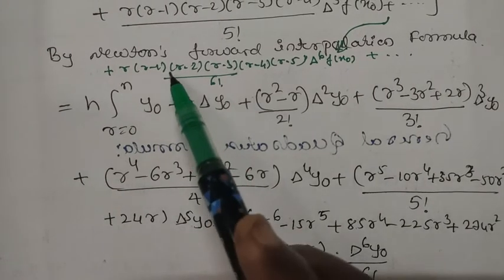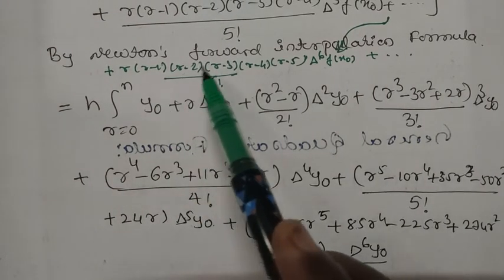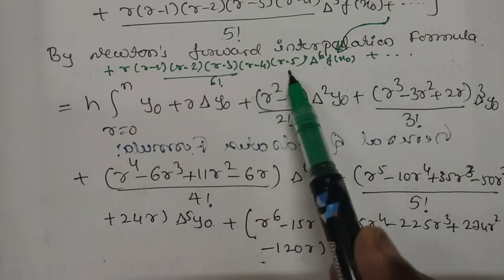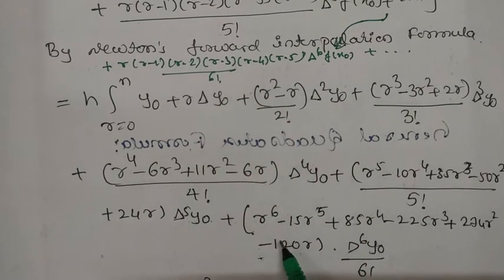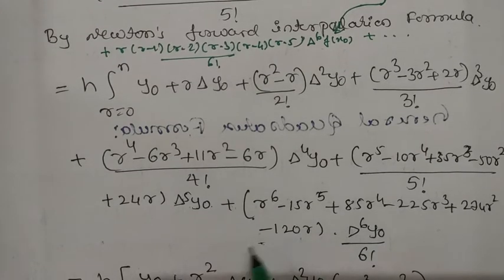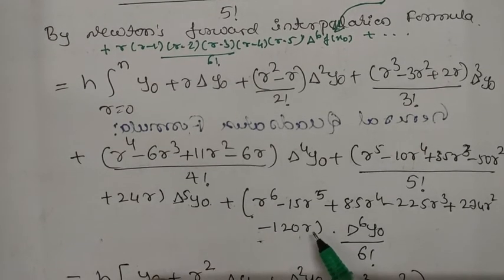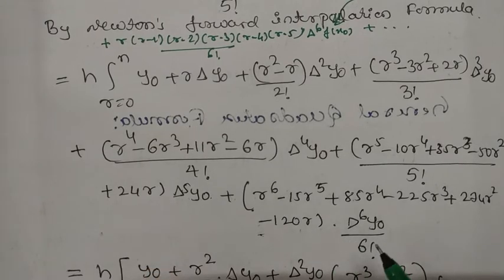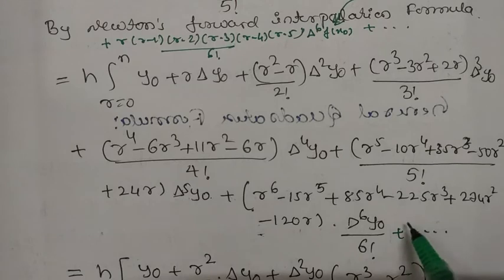Then if you expand r into r minus 1, r minus 2, r minus 3, r minus 4, r minus 5, after simplification you will get r raised to 6 and so on. These simplifications are given on the last page, you can find them there. So you will get this term, plus many other terms.